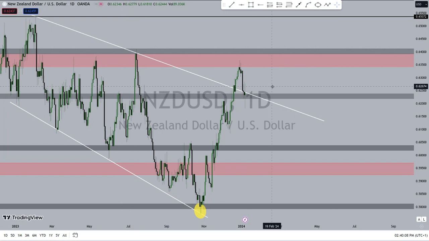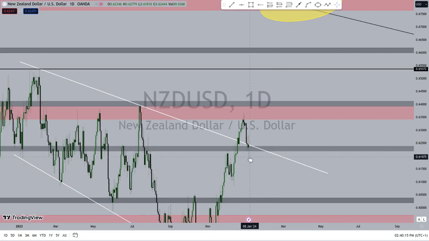So on NZD USD, we are still looking for bullish momentum to the upside as long as we are still trading above this trend line, as long as price continues trading above this trend line.